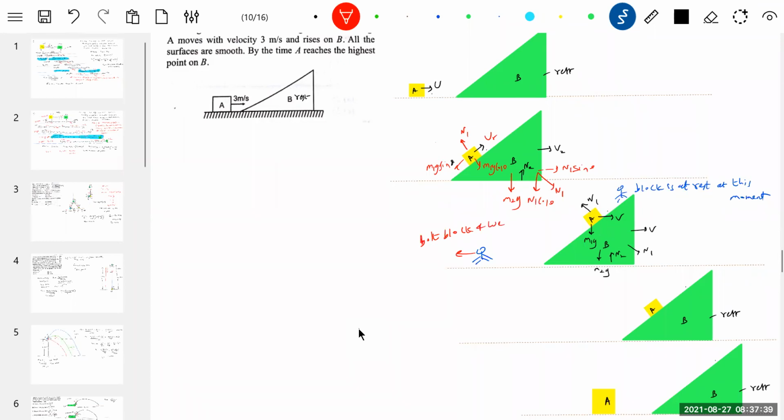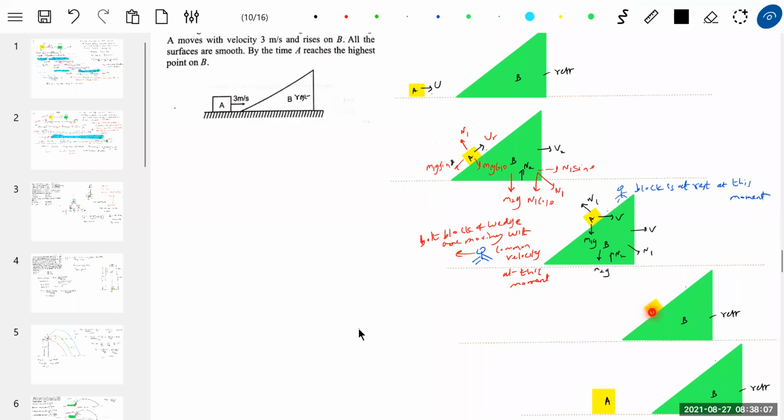Both block and wedge are moving. Only at this instant, for a fraction of time, the person on the wedge says, yes, the block is attached.